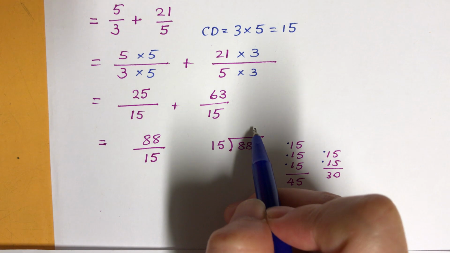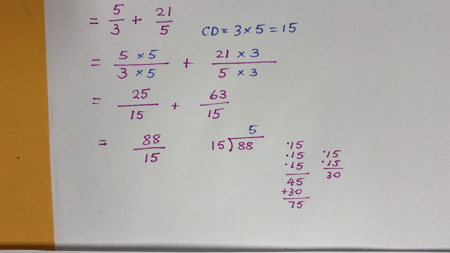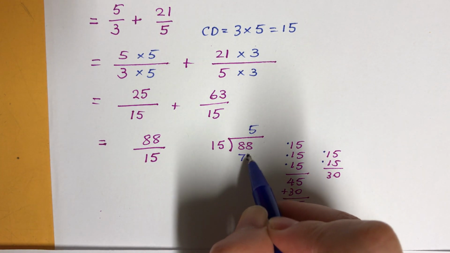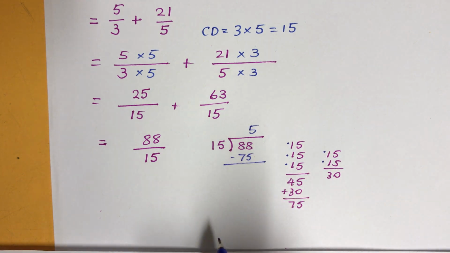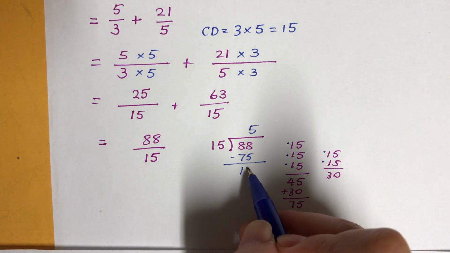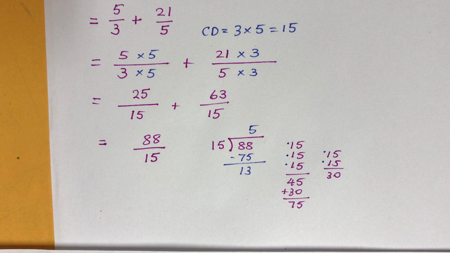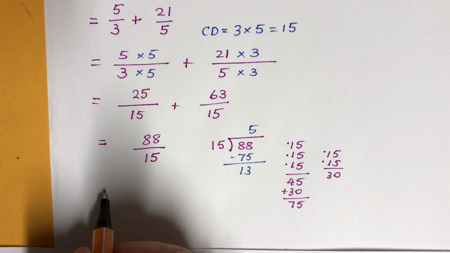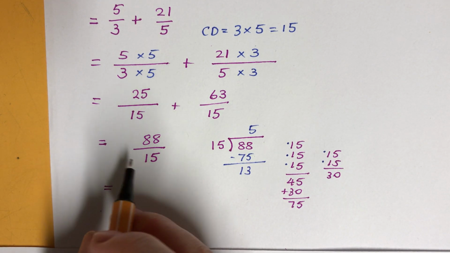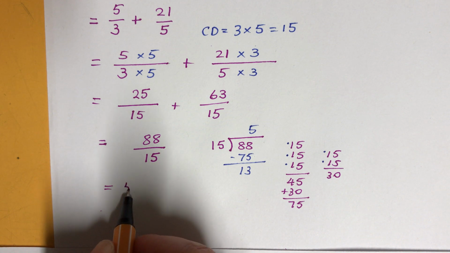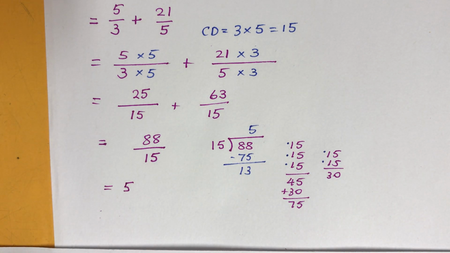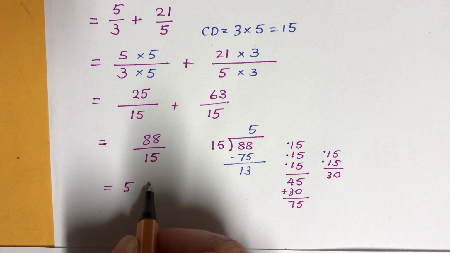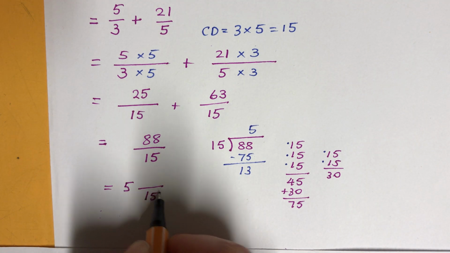So I'm going to go 5, and 75 it was, and take it away. What do we got left? It's a 13. Okay, so I'm going to change that from an improper fraction to a mixed numeral. 15 goes into 88 5 times, with the same denominator.